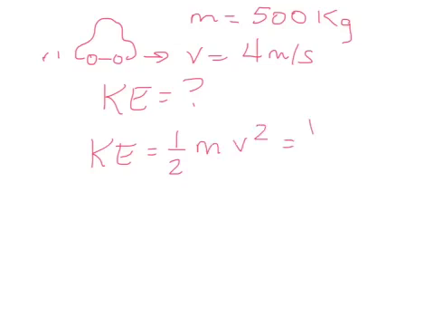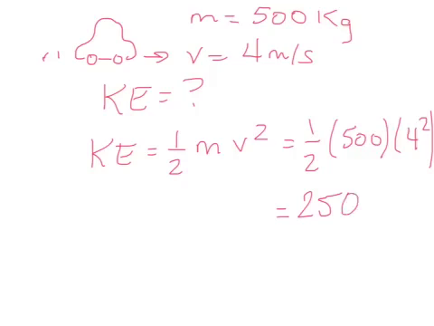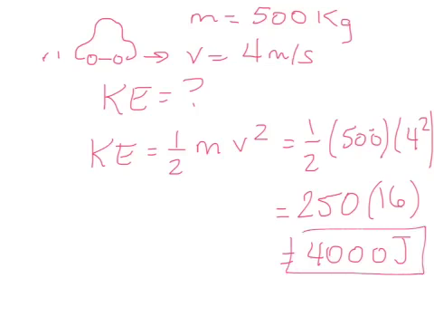So that is equal to 1/2 times 500 times 4 squared. Half of 500 is 250, times 4 squared, which is 16. So 250 times 16 is 4,000 joules. So our car has the kinetic energy that is equivalent to 4,000 joules.